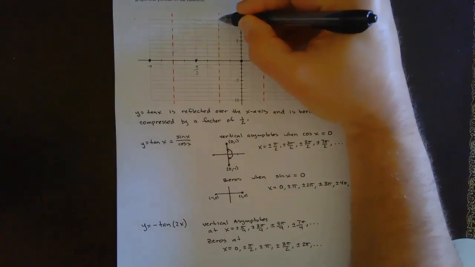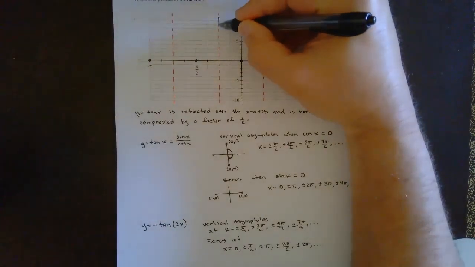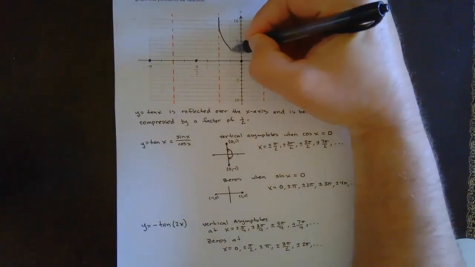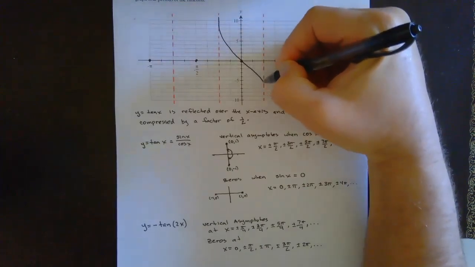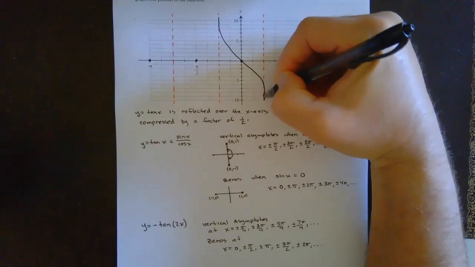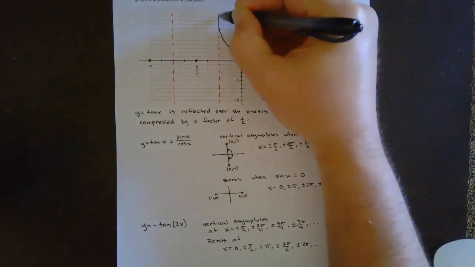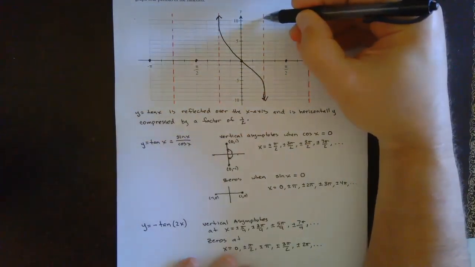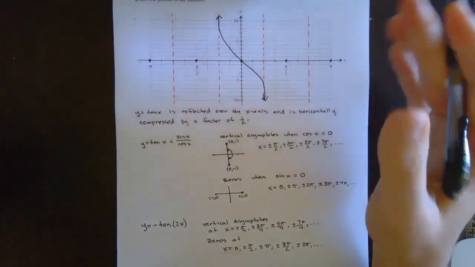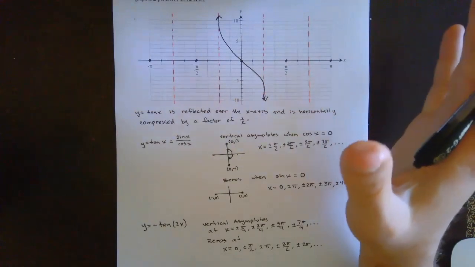So really, one of these is going to look like this, and it's going to come down through the 0 and then keep coming down. I kind of bent that a little too much. Then the same thing happens and it just repeats. Here's the difference: the tan function repeats every pi.